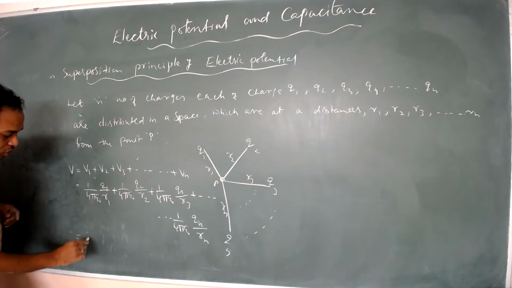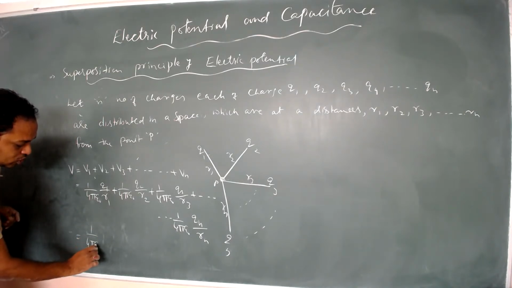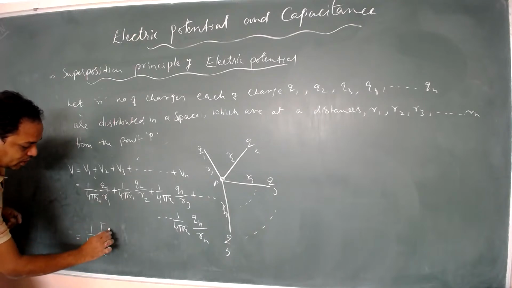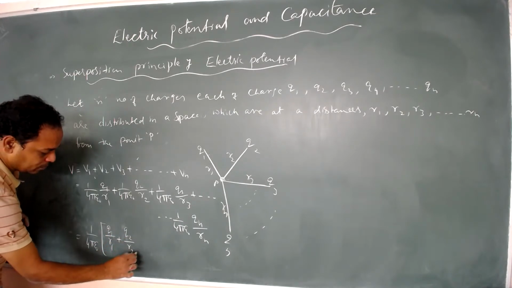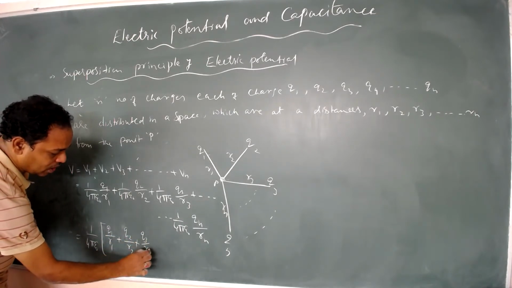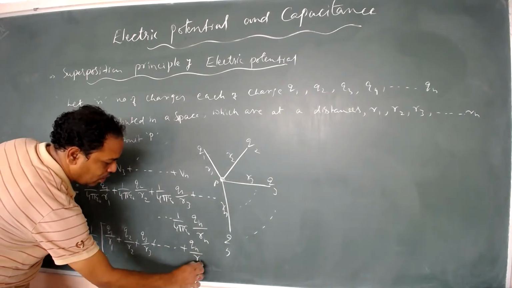Here I can take 1 by 4 pi epsilon naught common. If I take it common, what is left is Q1 by R1, Q2 by R2, Q3 by R3 and so on plus Qn by Rn.